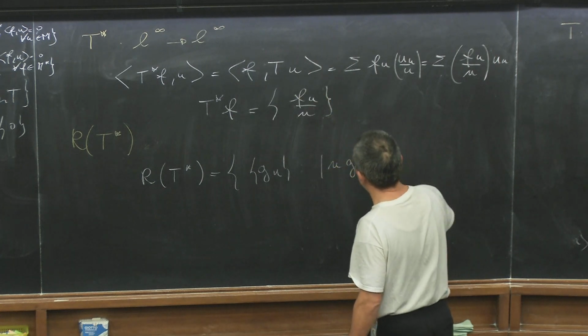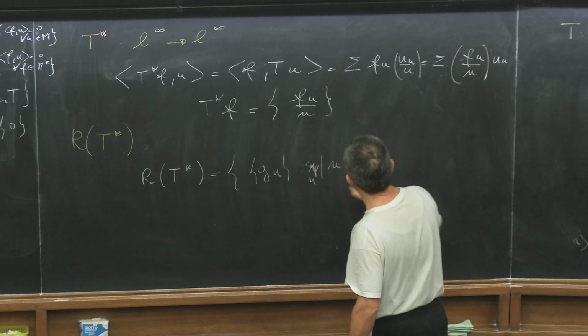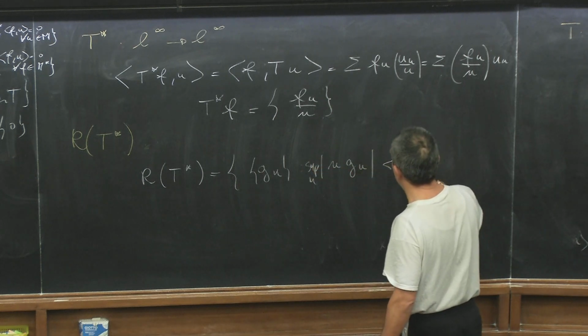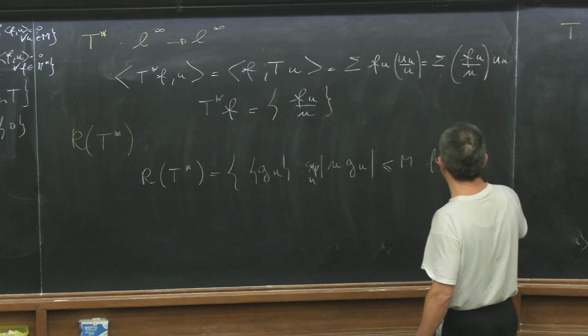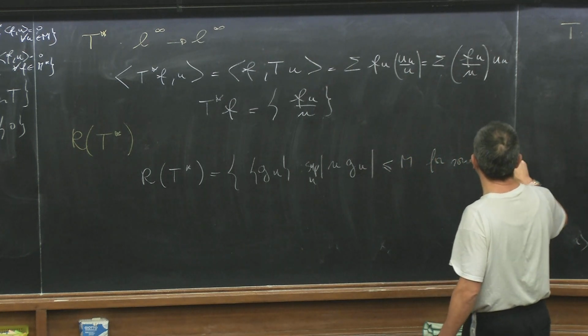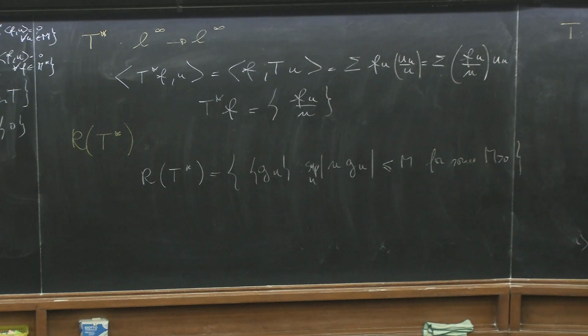So the sup of n Gn is less than some M, for some M.